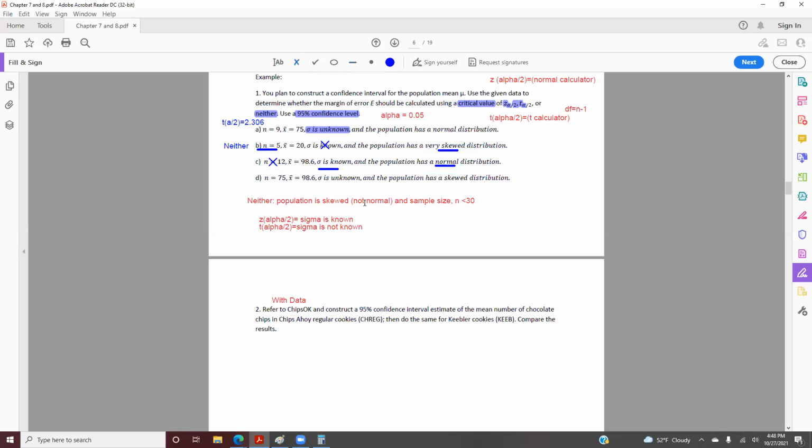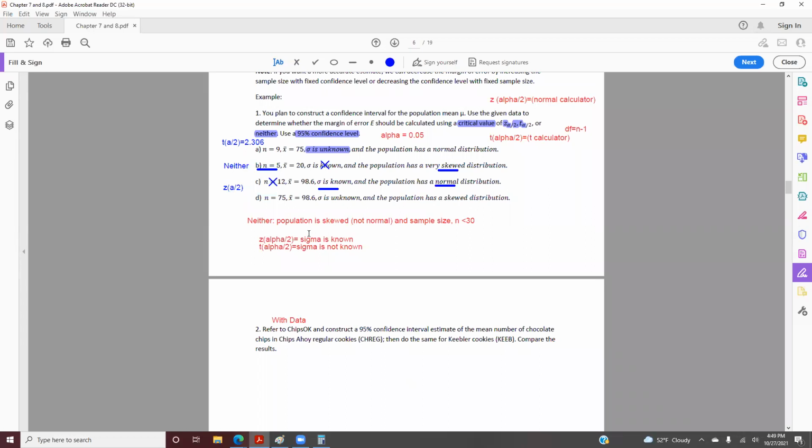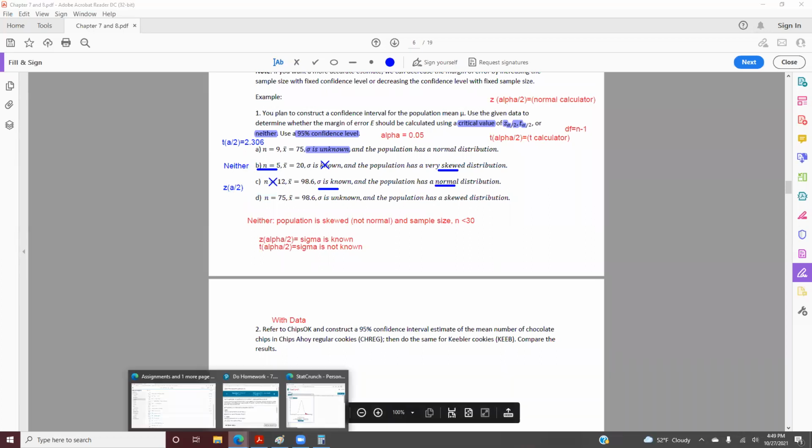Yep, because it is an "and", which means that if one of them is no good, the whole thing is no good. So this is correct. This is a Z alpha over 2 here. The reason is not neither; it's because the population is normal and sigma is known here. So in order to find the Z alpha over 2, you have to use the normal calculator.